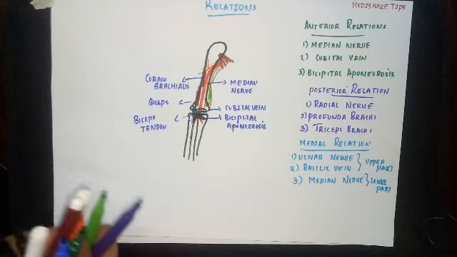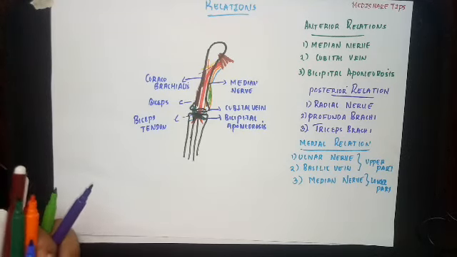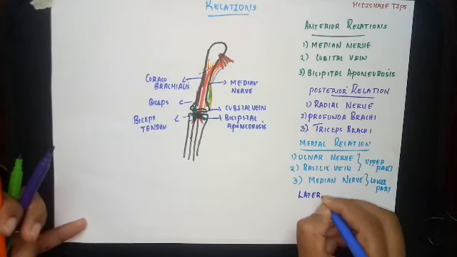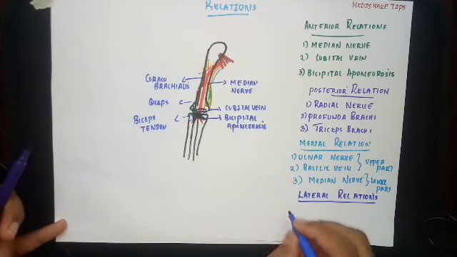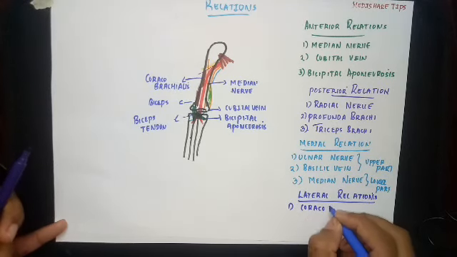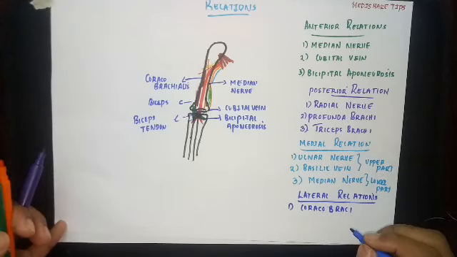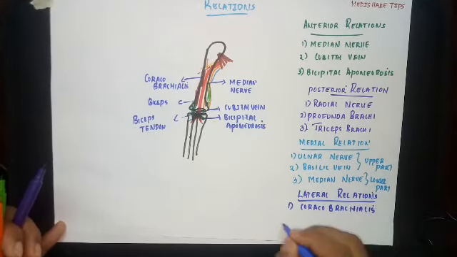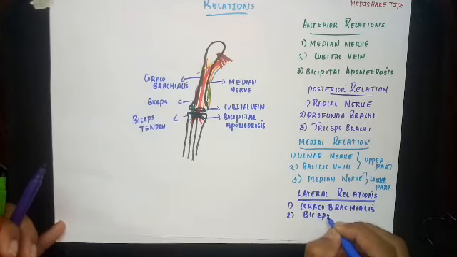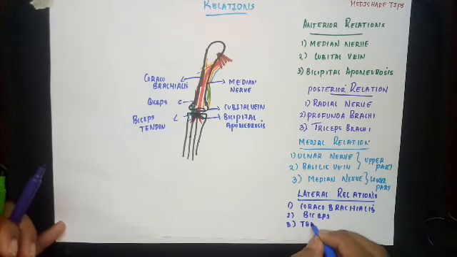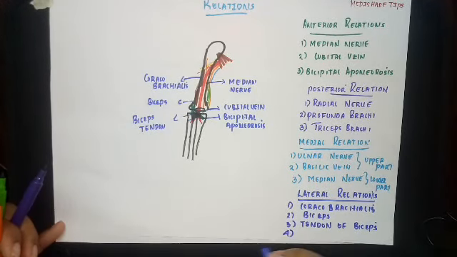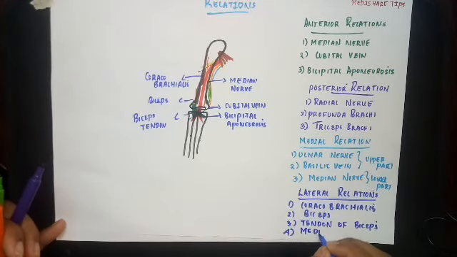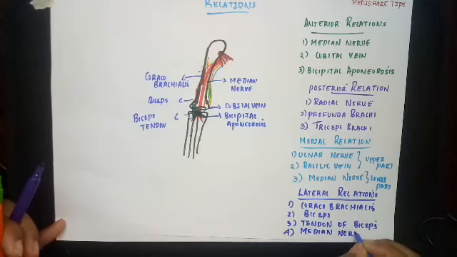The lateral relations of the artery are: first, coracobrachialis muscle; second, biceps muscle; third, tendon of biceps, that is in the cubital fossa; fourth, median nerve in the upper part of the arm.